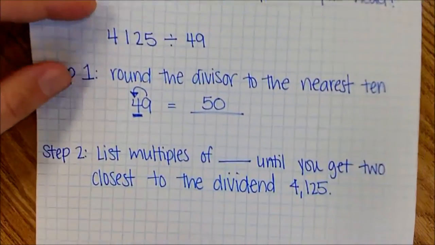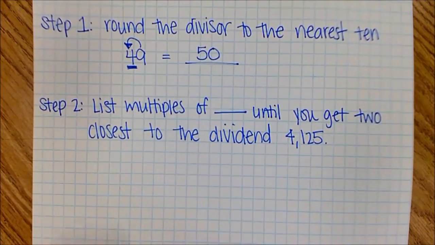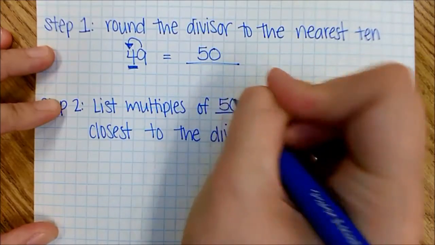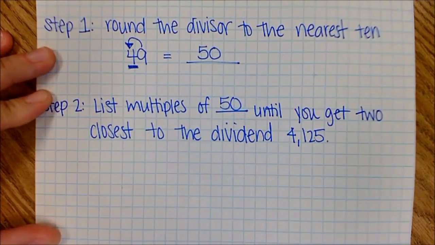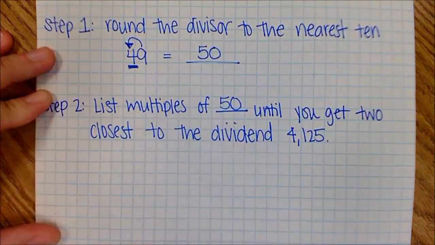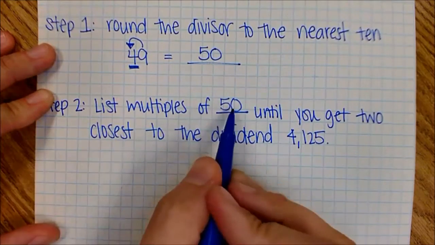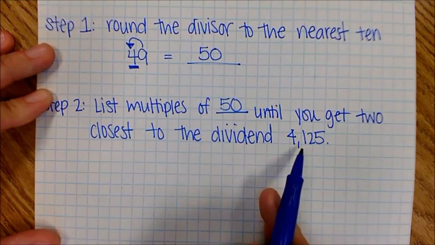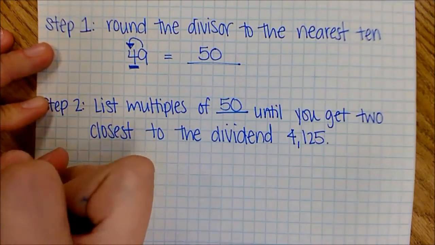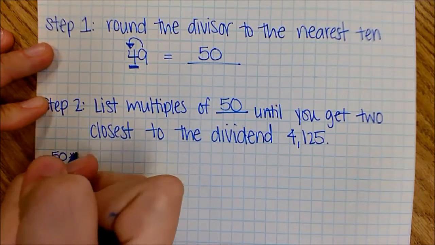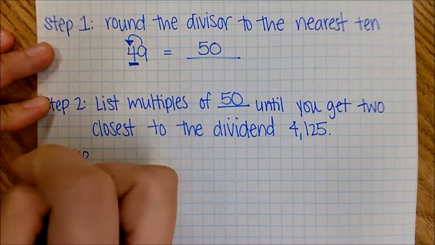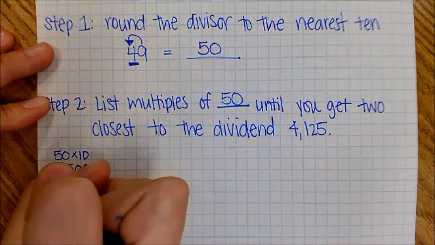Now, step 2 says, now that I know my divisor, 50, to list multiples of 50 until you get 2 closest to the dividend, which was 4,125. So when I'm listing multiples, I'm just multiplying this 50 by numbers to try and get close to my dividend. So I'm going to start off with 50 times 10. 50 times 10 is 500.